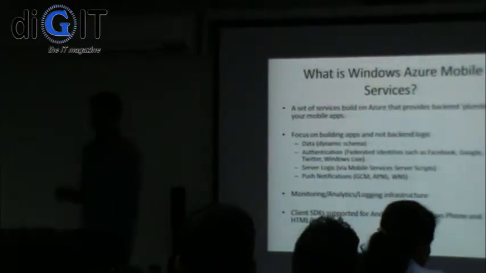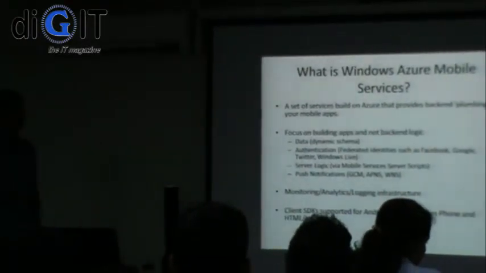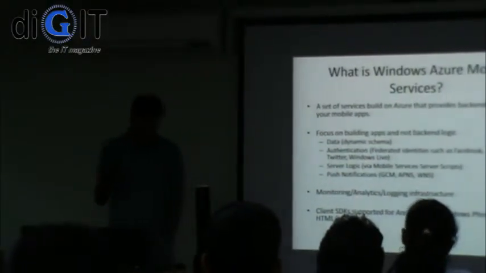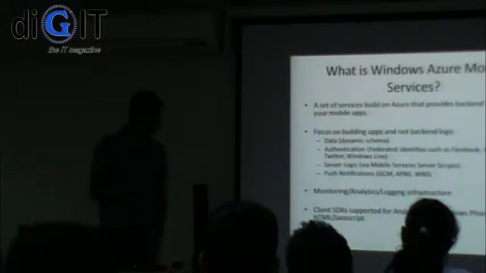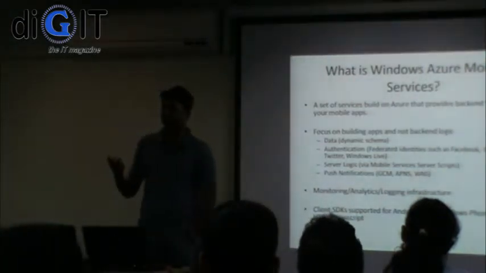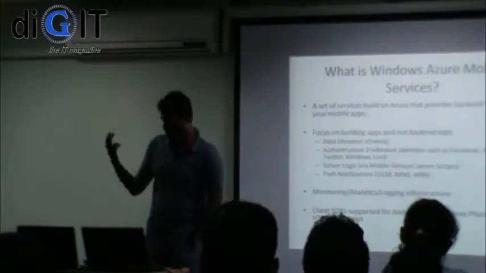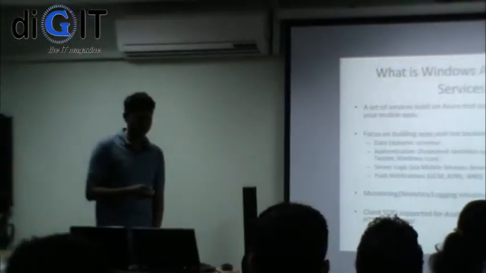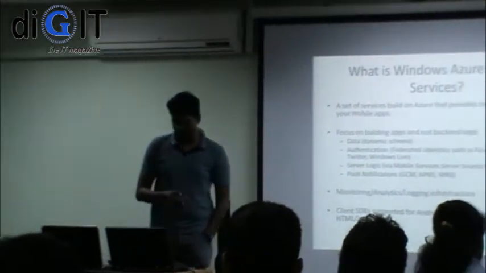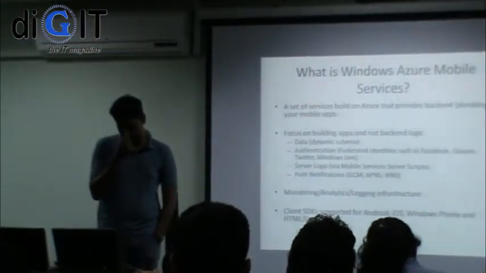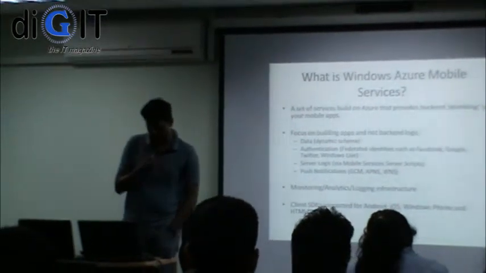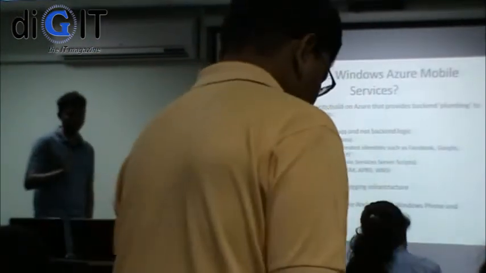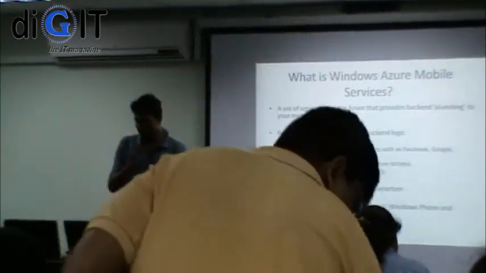They released an SDK for iOS, and now the latest offering is for Android. For push notifications, it supports GCM, Google Cloud Messaging, which is the native push architecture for Android that you must know, APNS for iOS, and WNS, the Windows Notification Service, for Windows applications. It also gives you, as I said, monitoring, analytics, logging, infrastructure, all that. I'll show you the panel.